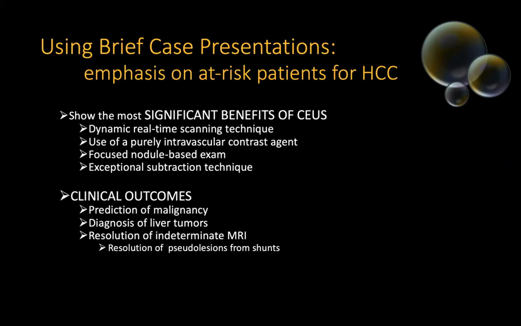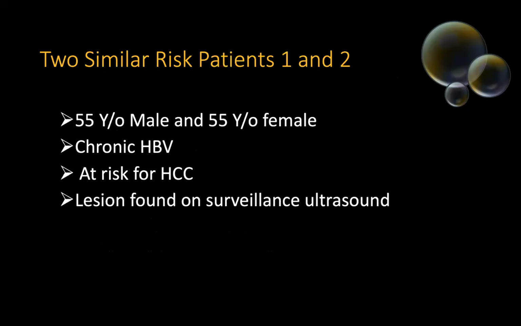This includes dynamic real-time scanning technique, use of a purely intravascular contrast agent, a focused nodule-based exam, and an exceptional subtraction technique. This allows us for clinical outcomes to predict malignancy, to provide the diagnosis of liver tumors, and very importantly, for resolution of indeterminate MRI, including resolution of pseudolesions from arterioportal shunts.